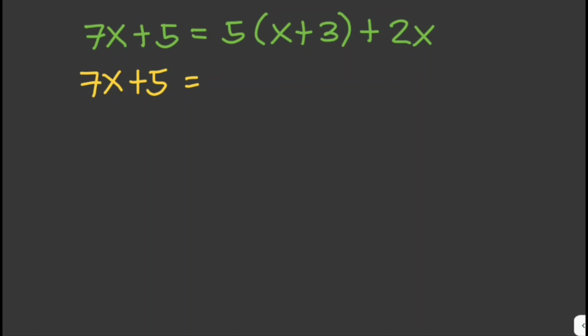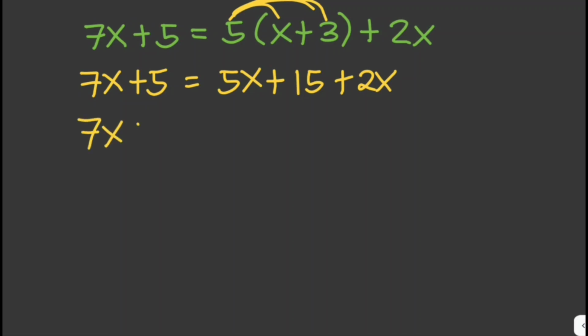Equals, okay, we distribute 5 to x plus 3. So 5 times x is 5x. Copy the operator sign, which is plus. 5 times 3 is 15 plus 2x. We group like terms, so 5x and 2x go together. So that is 5x plus 2x equals 7x.